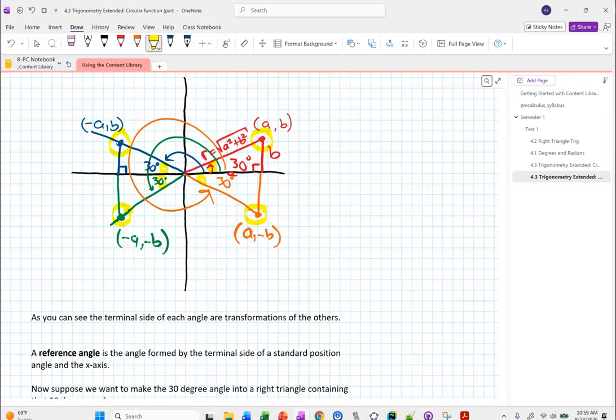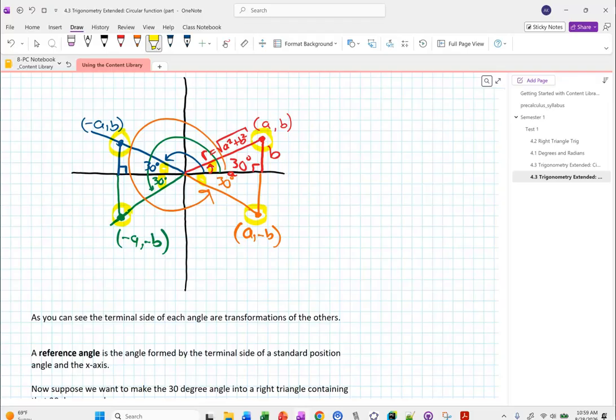The coordinates are different. Because it's on a graph, we would be able to say that the side is actually negative, even though normally we say we can't have negative sides. So in just a moment, instead of talking about the side of the triangle, we're going to talk about the point on the terminal side.